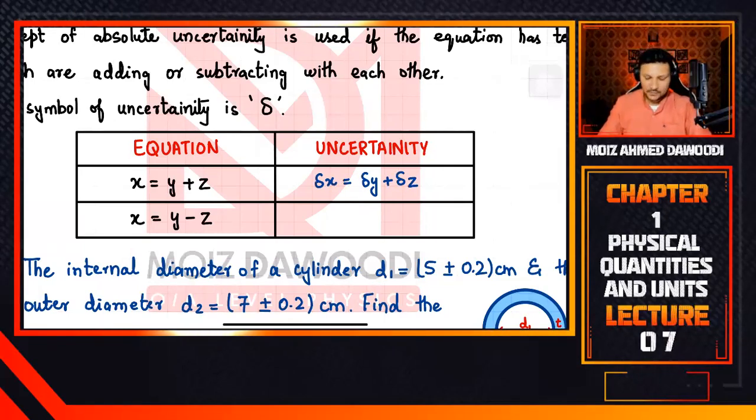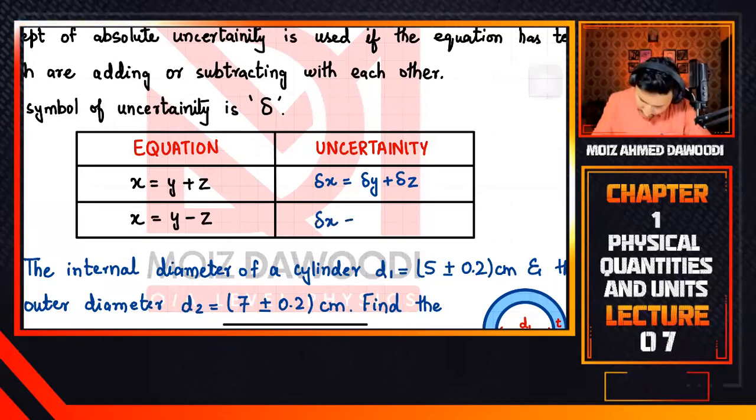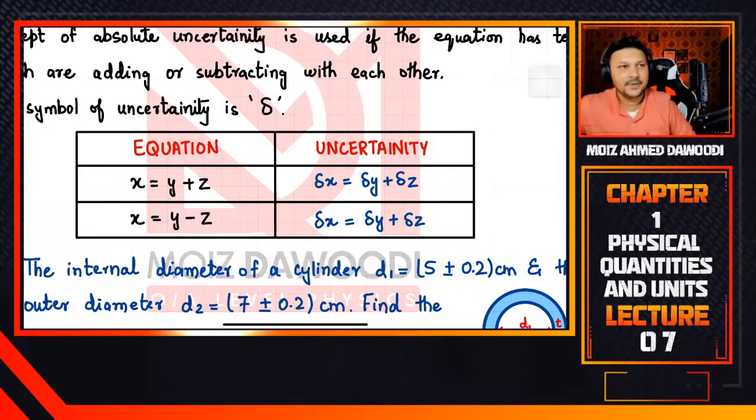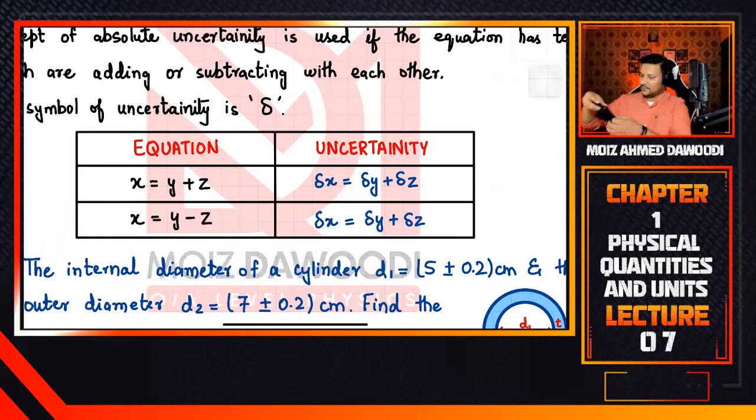Okay? So we only use the concept of absolute uncertainty when we have either a subtraction equation or an addition equation. The other one is uncertainty in x equals uncertainty in y plus uncertainty in z. Okay beta, so you will write this in this way too. Clear till here?